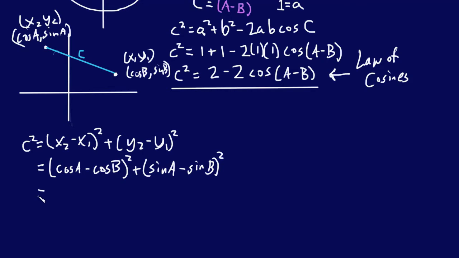Okay, so next we want to FOIL these two terms out. We have two giant terms here, and they're two terms because they're locked inside parentheses and they're squared. So we're going to FOIL these out, and that'll kind of unlock it out of the parentheses.